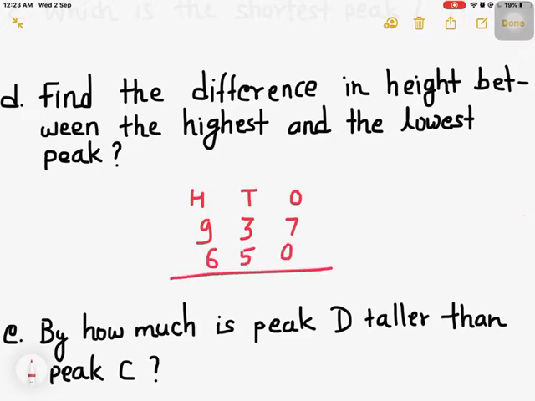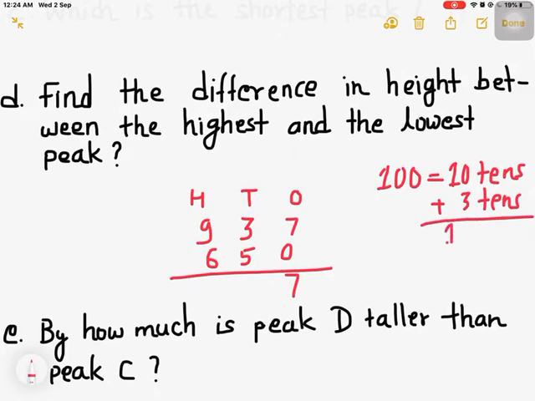Now let us subtract. Okay, 7 minus 0, it is 7, and the 3 in tens column we have only 3. So what we have to do, we have to borrow from 100 column, so it will give 100 to tens column. 100 means 10 tens, okay. We already have 3 tens, means 10 tens plus 3 tens, 13 tens.